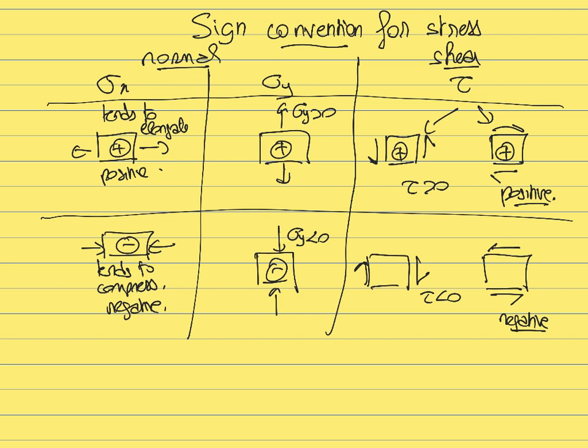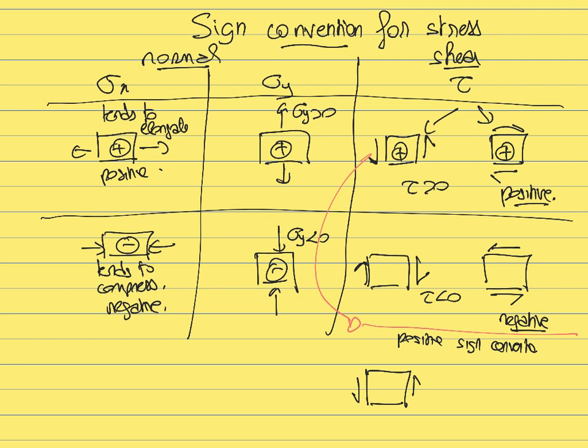But if you look a little bit in more detail at the effect of those two stresses, let me represent again those two systems in the case of the positive sign convention. If I look at the material here on the left, again we are going to define the positive shear stress.